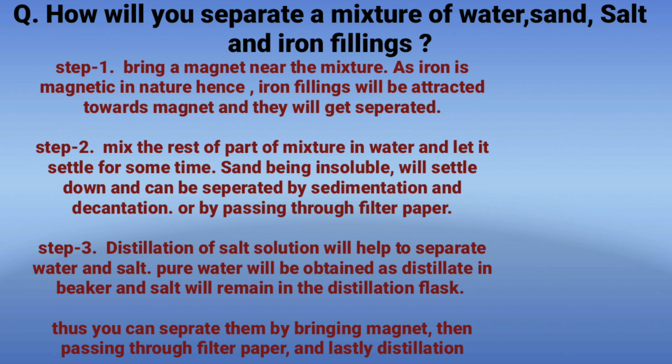Pure water will be obtained as distillate in the beaker and salt will remain in the distillation flask. So by this process you can separate iron filings by magnetic separation, sand by filtration, and salt and water by the process of distillation.